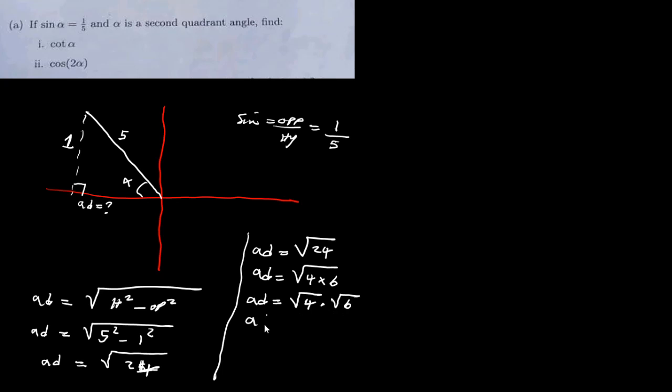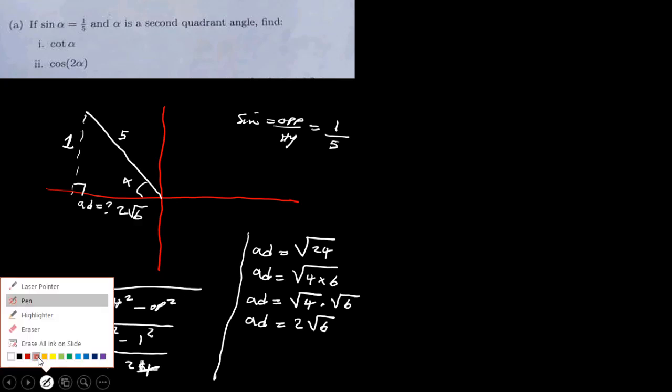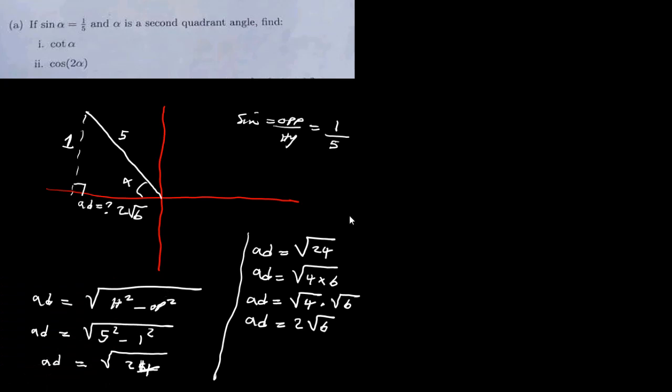So the adjacent will simply be equal to 2 square root 6. After this analysis, you can move on and work out these questions because you now have all the sides.